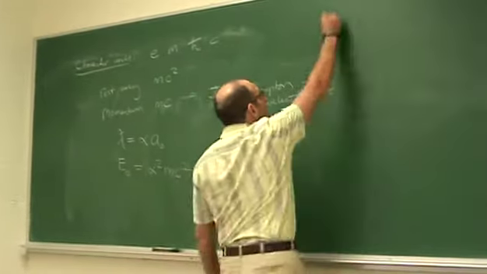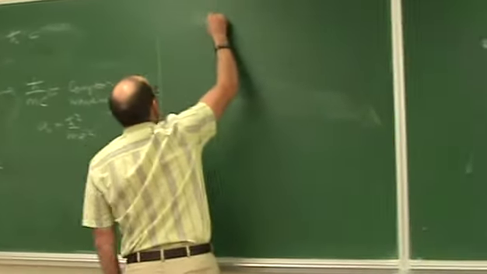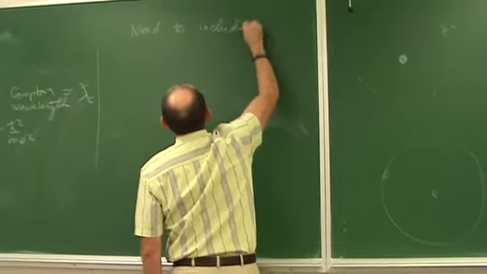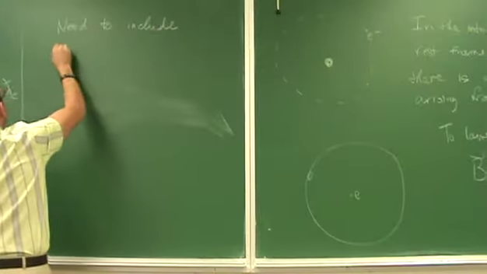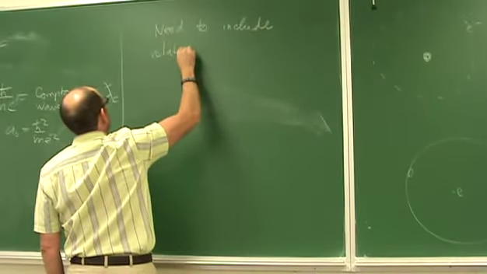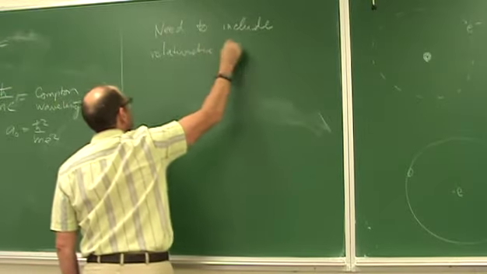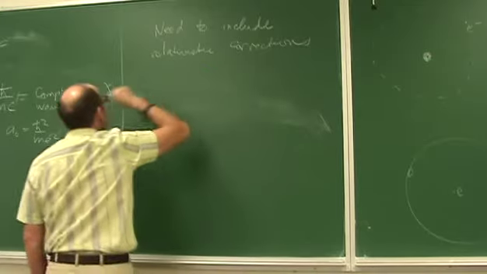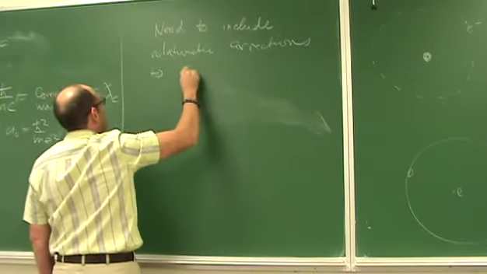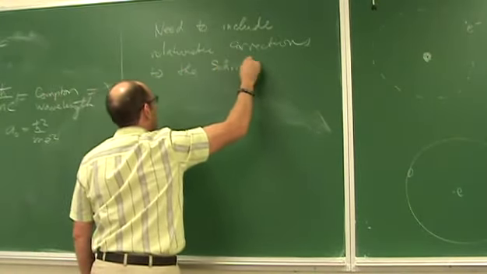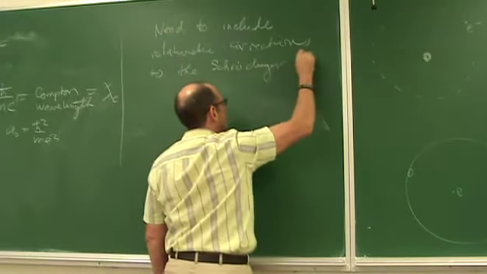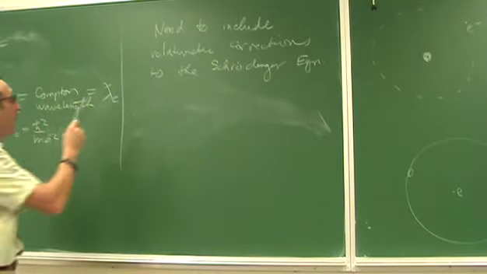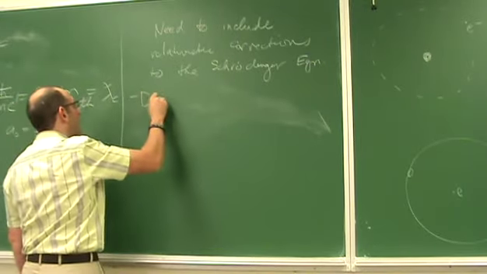So really what we want to do, we need to include relativistic corrections in the Schrödinger equation. Okay. So to do that, well, let's just write down the Dirac equation.